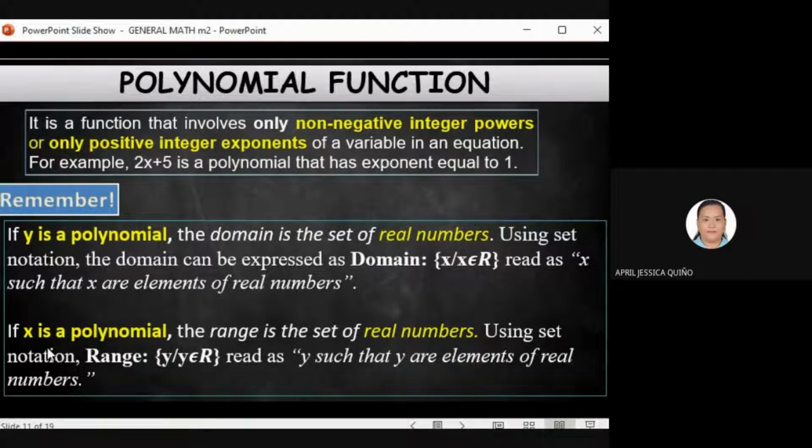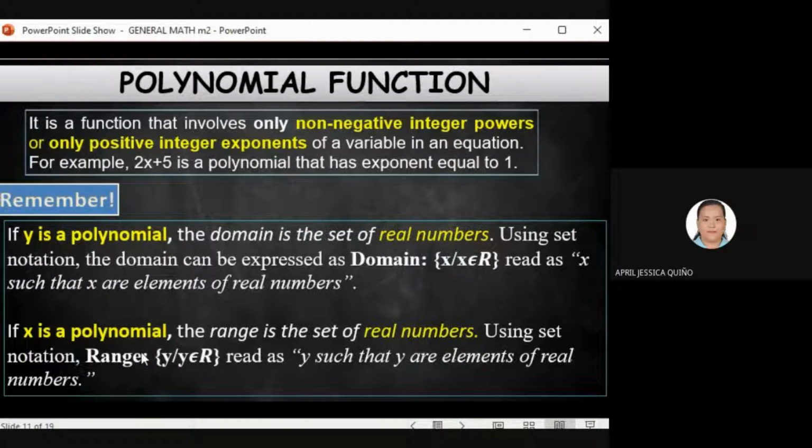Now, if you try to evaluate the value of x in terms of y, and you found out that it is a polynomial, mga anak, so positive lahat ng exponent ng variable nyo, then we can tell that the values of your y are all real numbers.